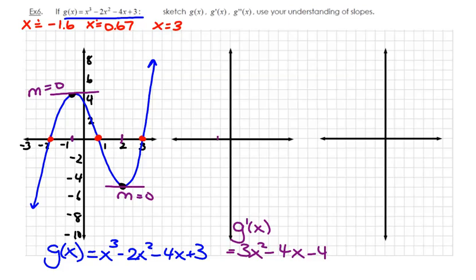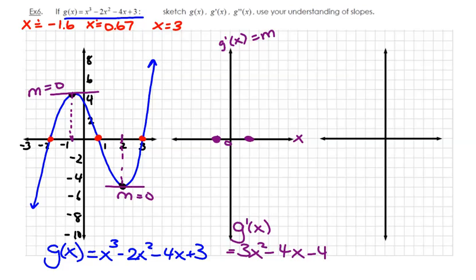So I'm going to mark those places right here and here again. Since this is x and this is now g prime of x, or in other words, my slope graph, since the slope is 0 at these x values, I'm going to put it as a 0 height on my slope graph.